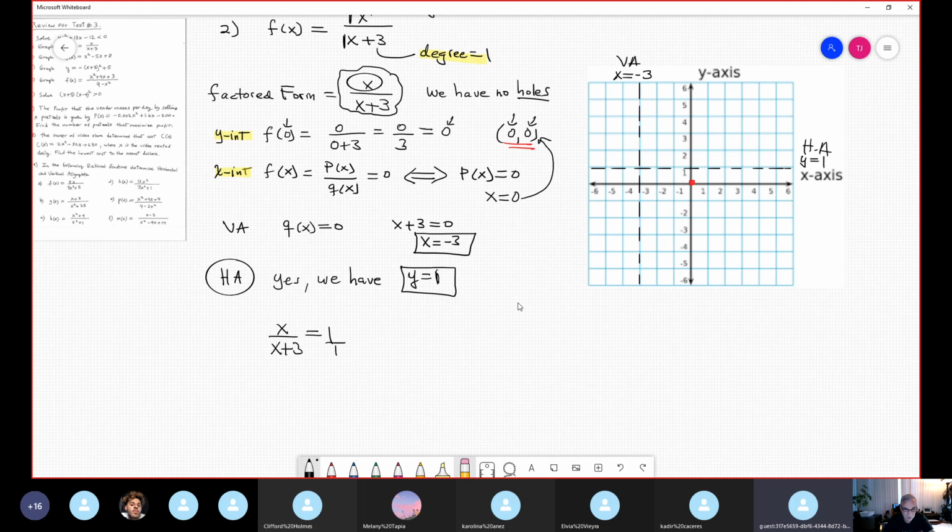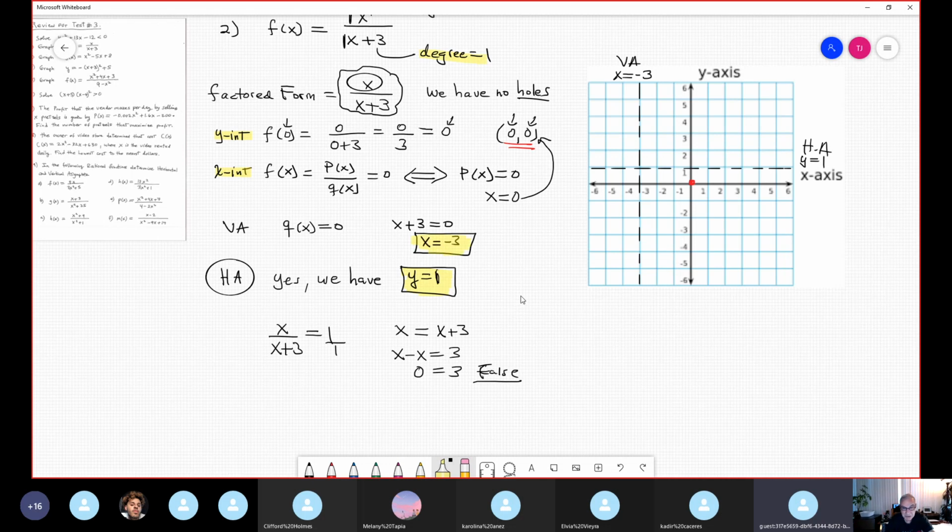You apply cross multiplication, maybe, to say x times 1 is x, and x plus 3 times 1 is x plus 3. You try to solve this equation, but definitely you cannot, because when you move the x to the other side, this is 0 equal to 3, and you get a contradiction, a totally false statement. That means that our function is never equal to the value of the asymptote. Therefore, we have no crossing point.